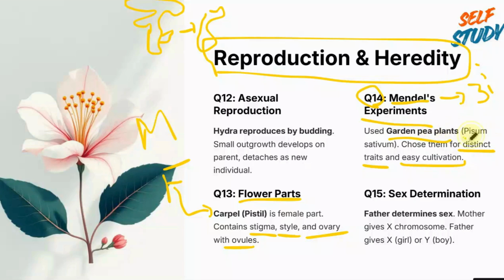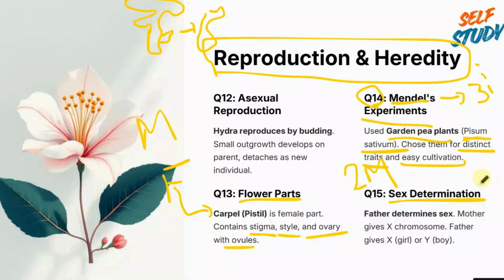Okay. Next, this question is most important. The pea plant's scientific name is Pisum sativum. A most important question for 2 marks.